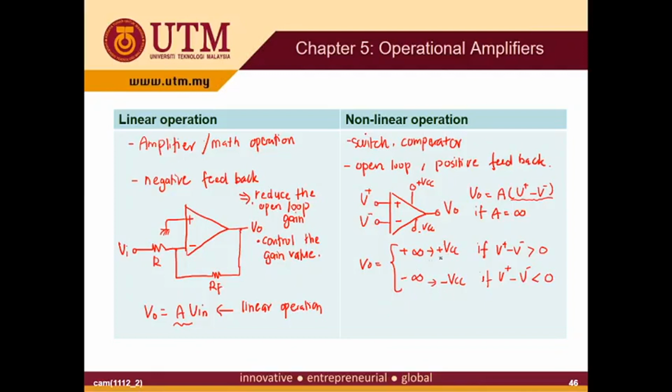If you consider plus VCC as your one state and negative VCC as your zero state, this is a digital application. That's why it is considered as a switch. The nonlinear operation can be considered as a switch.